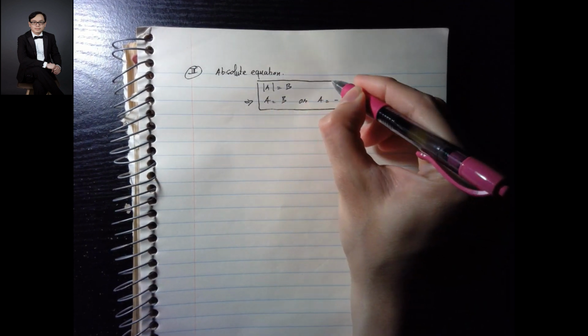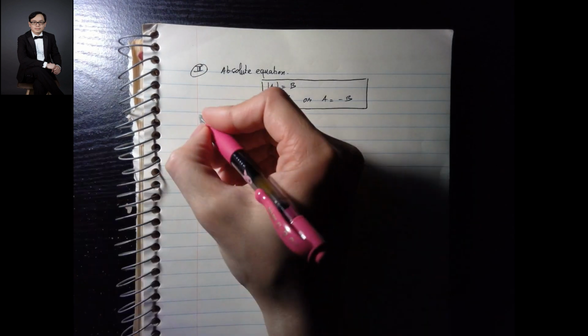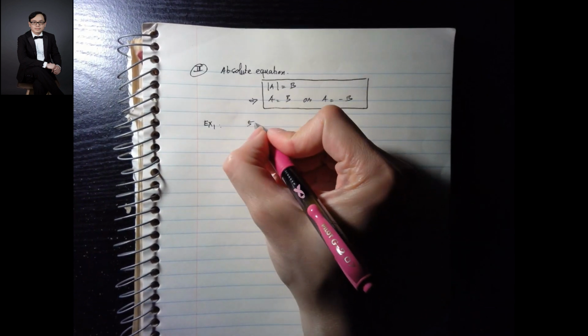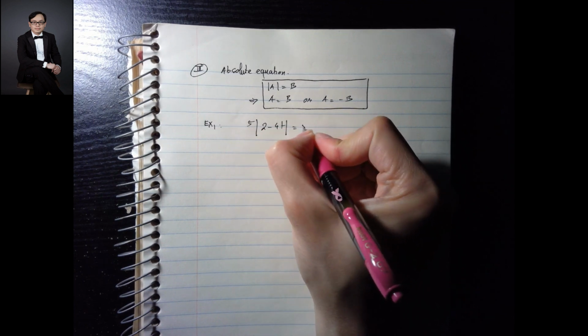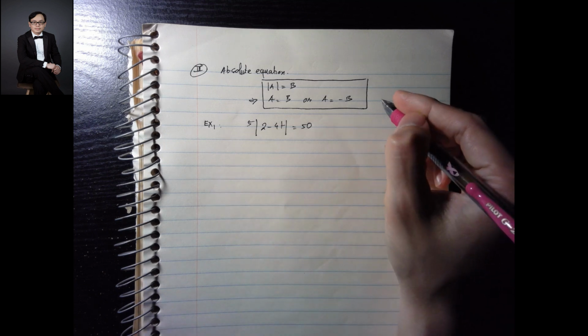So if you have an equation that contains only one absolute sign, for example 5 absolute of 2 minus 4t equal 50, then all you have to do is get rid of everything and keep the absolute sign on one side of the equation, and then apply this formula.